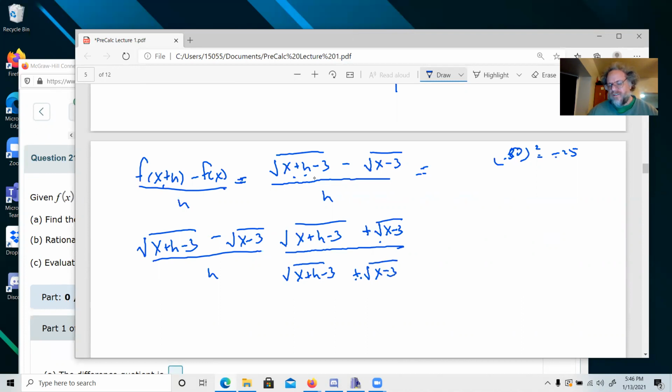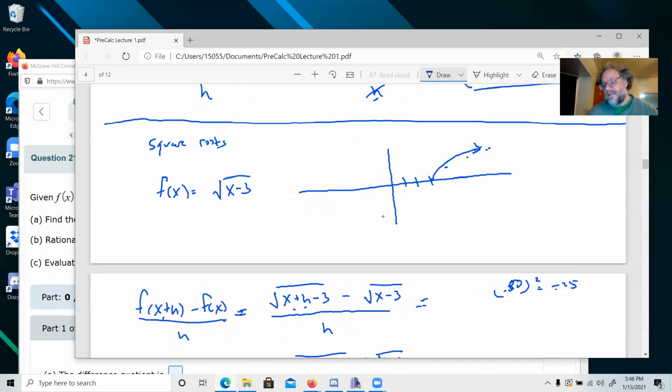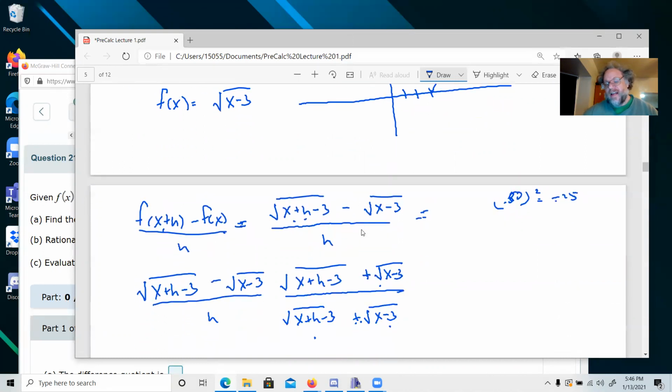But since there's a plus here, it's a lot harder to make this bottom thing equal 0, because we have a positive number plus a positive number. Square roots are always positive, look at the graph. So at least we can't divide by 0 anymore. Now the only goal is we have to lose that h.